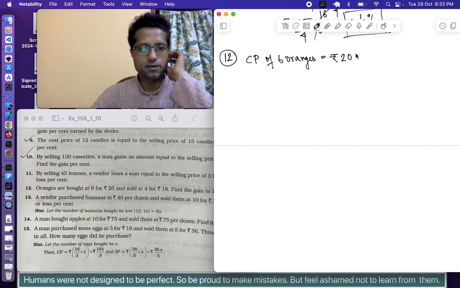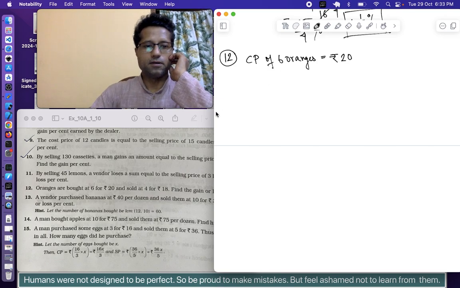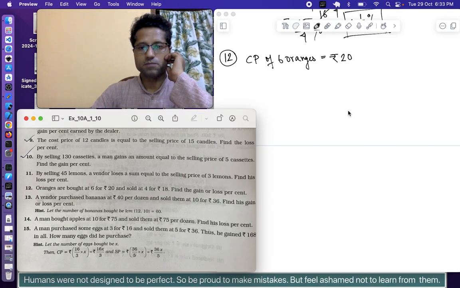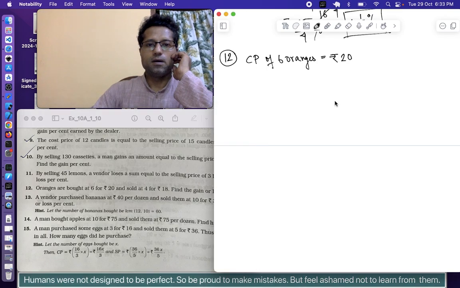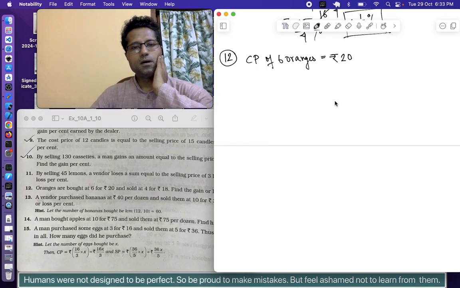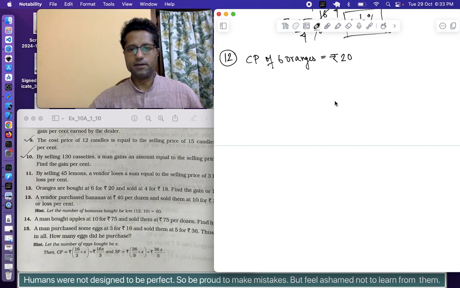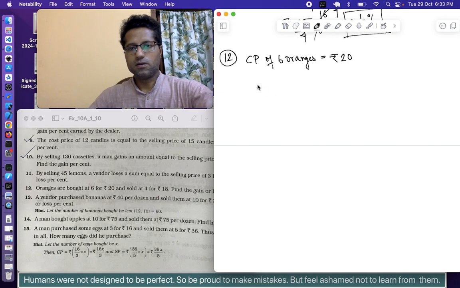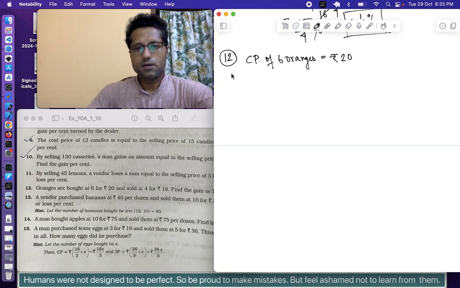Since this question asks to find the gain or loss percent, we can find the SP and CP of any number of oranges. It could be 1, it could be 10, it could be 5, whichever you find convenient. I will always prefer to find the CP and SP of one orange.